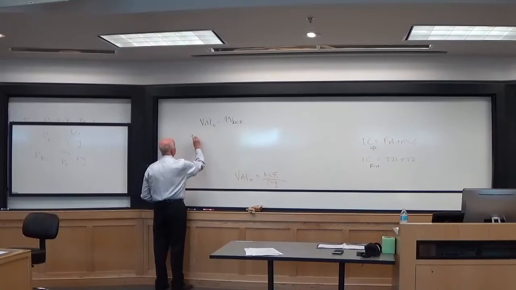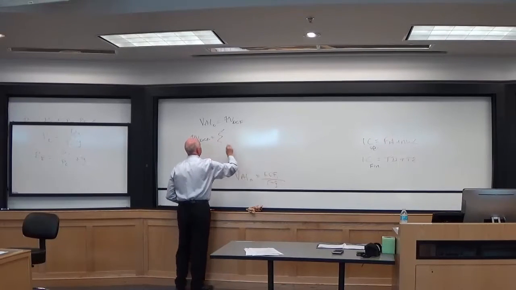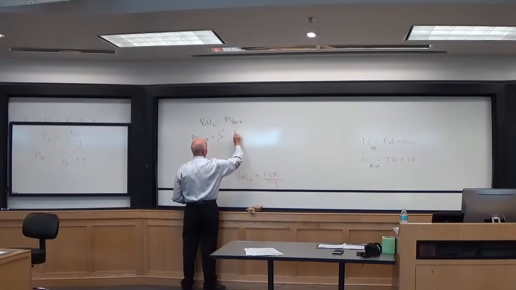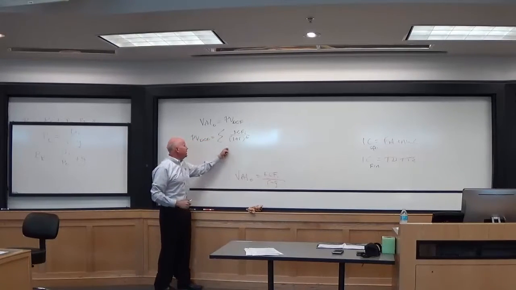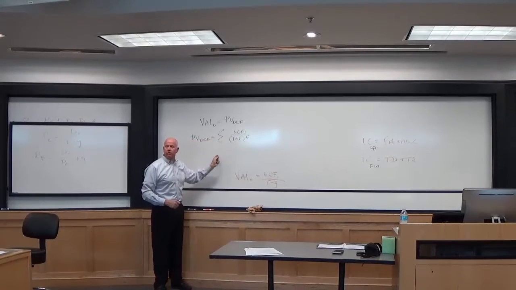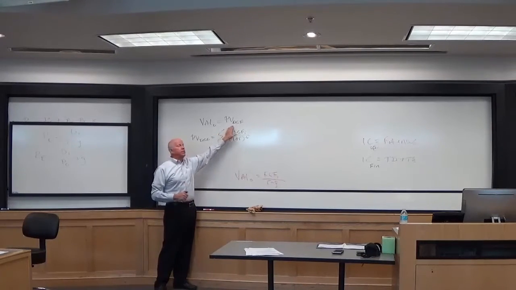The present value of the discounted cash flow is equal to the sum of those cash flows, which are free cash flow at time t divided by 1 plus R to the t. And we believe we have the ability to forecast this with relative accuracy for a limited number of years. Could we come up with something that would give us this?